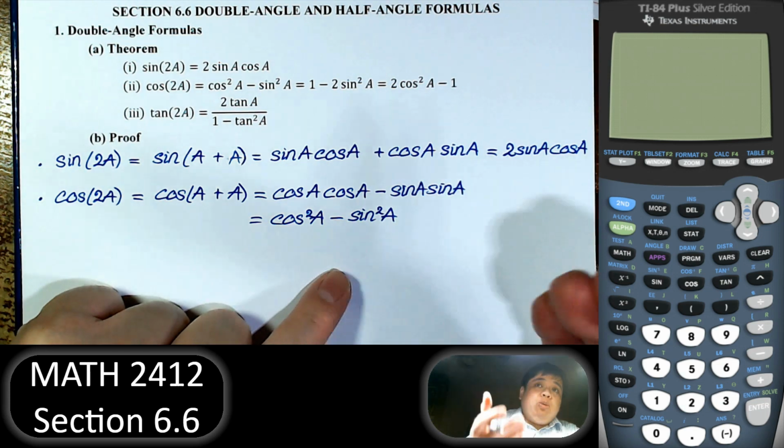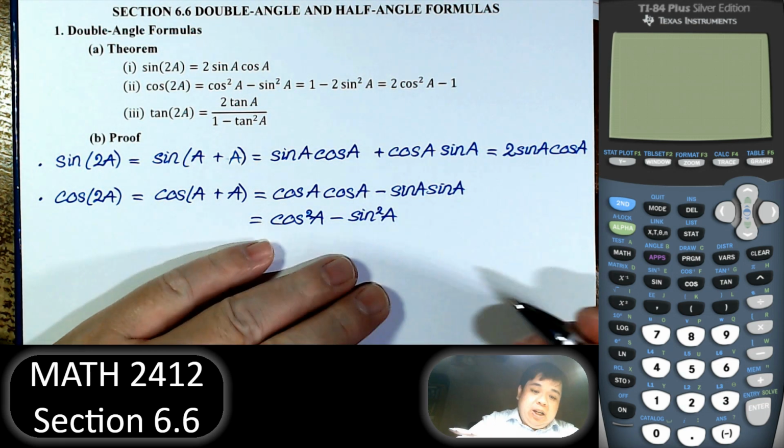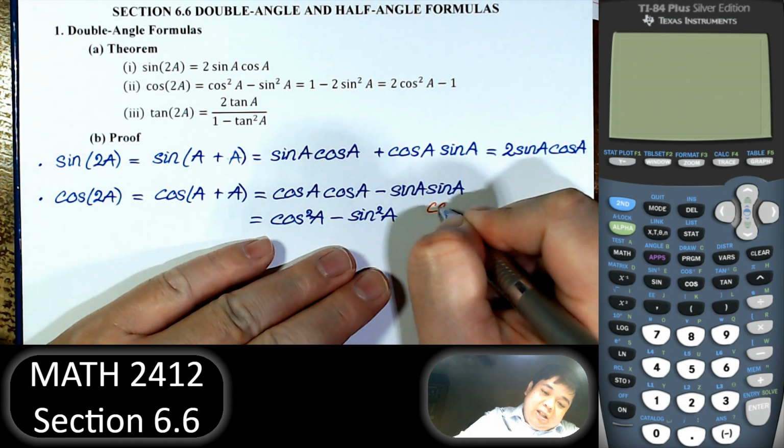As mentioned before, usually when we have cosine square plus sine square, we use the Pythagorean identity.